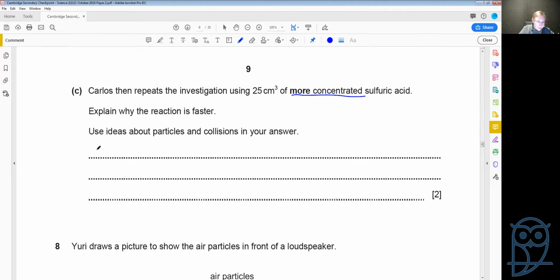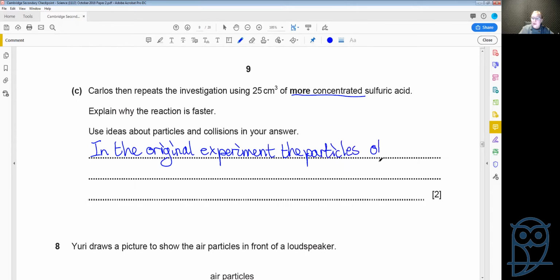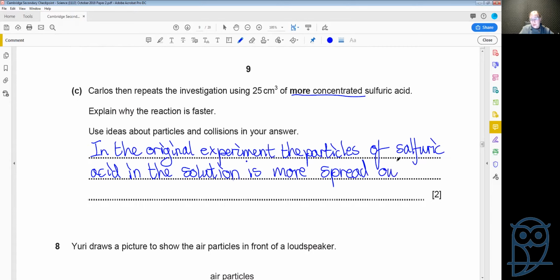So in the original experiment, the moles of sulfuric acid in the solution are more spread out.